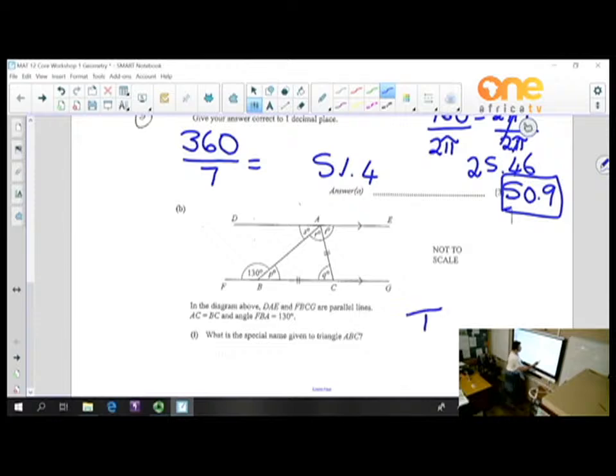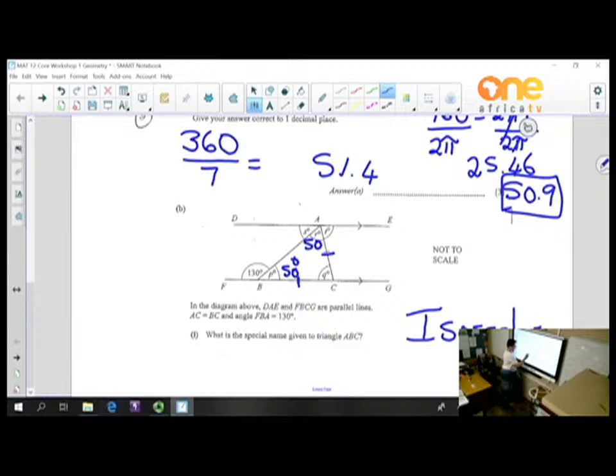And we can see that this is an isosceles triangle, because we've got 2 equal sides there. And now we have to calculate all the angles here. So P is going to be, this is a straight line, 180, so P is going to be 50 degrees. Because it is isosceles, R must also be 50 degrees. Can you see?